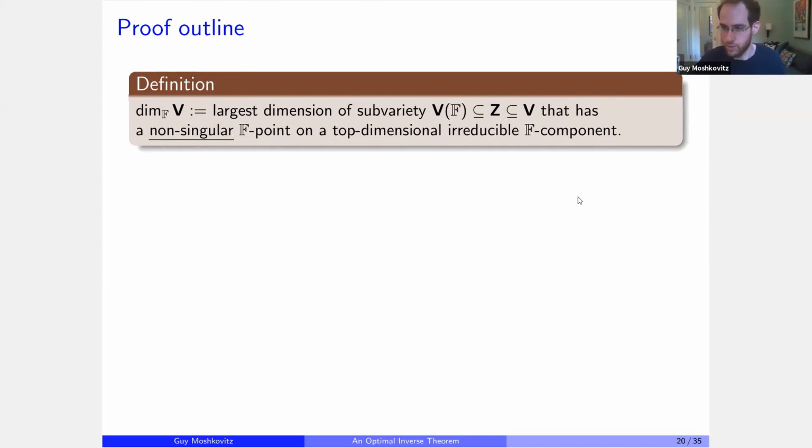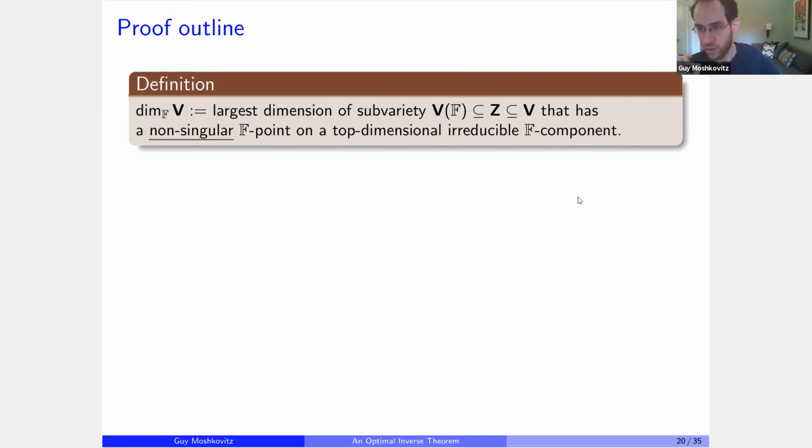V is a variety, so it lives over the algebraic closure. Dim sub F is defined as follows: the largest dimension of a subvariety Z of V, but also one that contains all the F points, with the following property: I want it to have a non-singular F point.